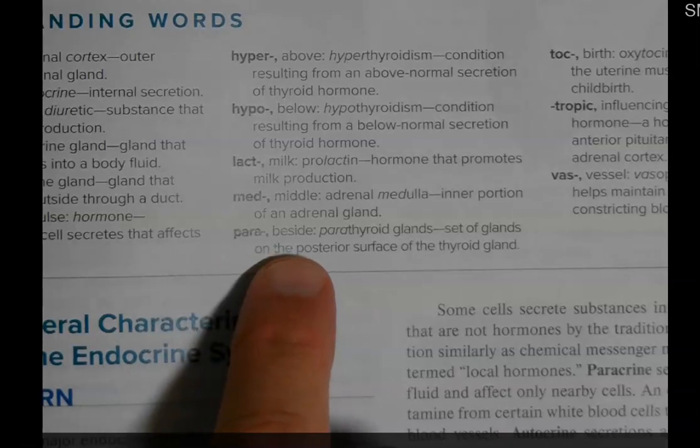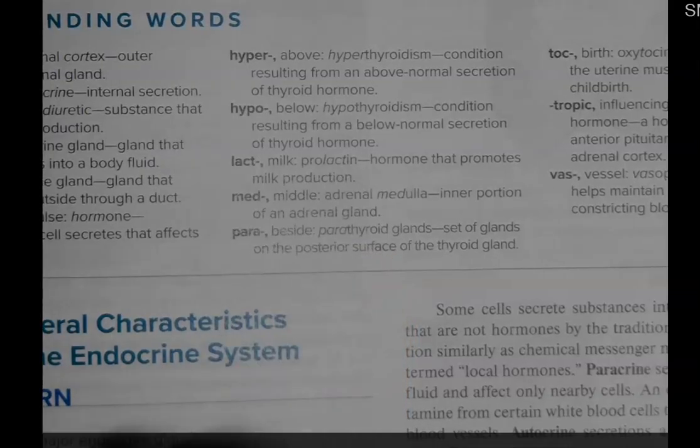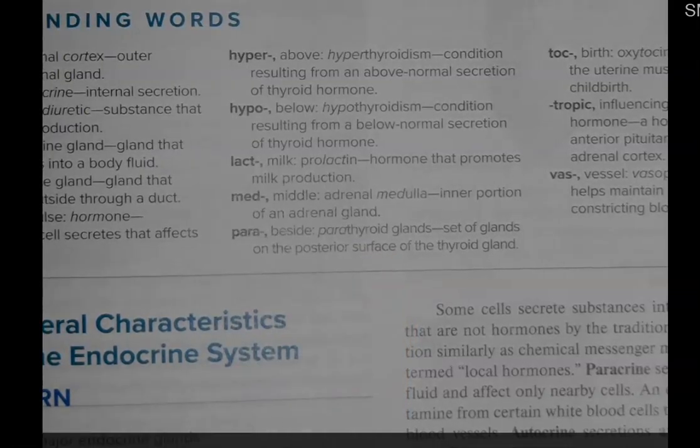Para means beside. The parathyroid glands are alongside the thyroid gland, which is in your neck, sitting on top of the thyroid cartilage, which you should have seen in the respiratory system chapter in A&P I.